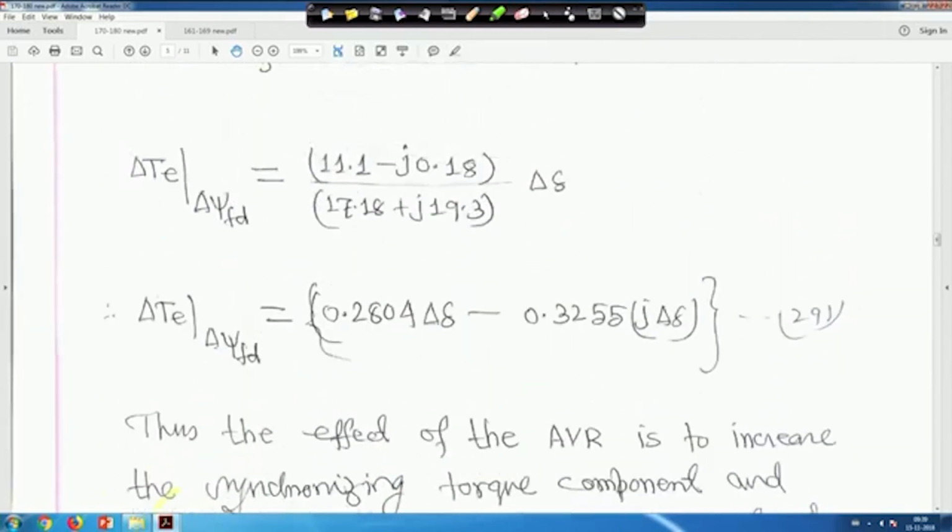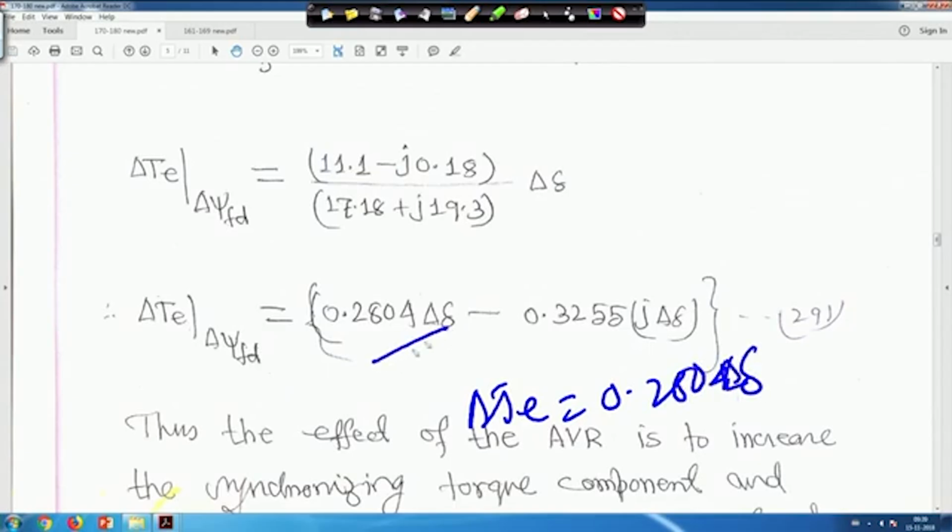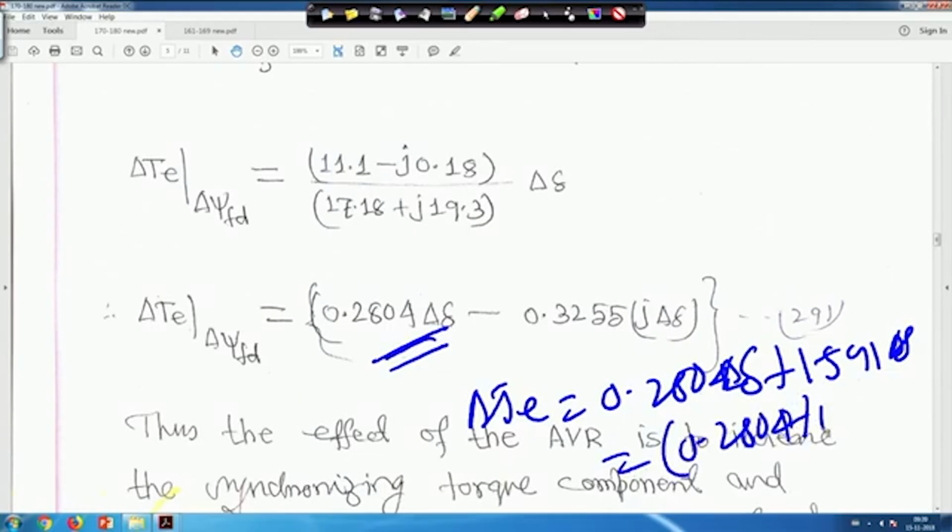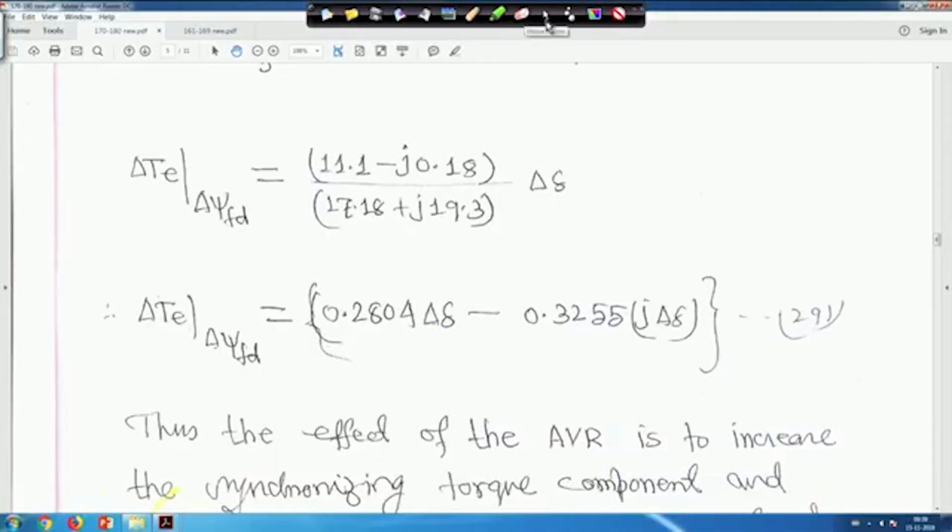1.591. So, what is happening is that delta T is coming as 0.2804 delta delta, because this is due to K2 delta psi FD, plus 1.591 delta delta. If you add these, this is the effective synchronizing torque component, because this torque is in phase with delta delta.